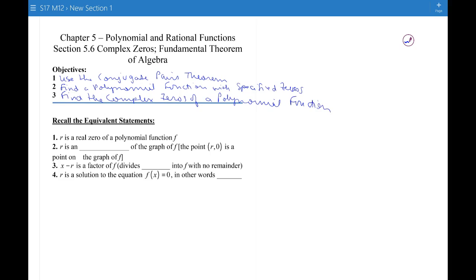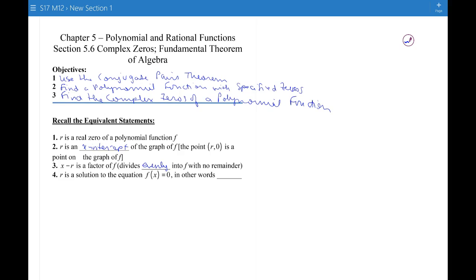So once again, let's recall the four equivalent statements. If r is a real zero of a polynomial function, then it means r is an x-intercept of the graph of f. The point (r, 0) is a point on the graph of f. x minus r is a factor of f. That means it divides evenly into f with no remainder.